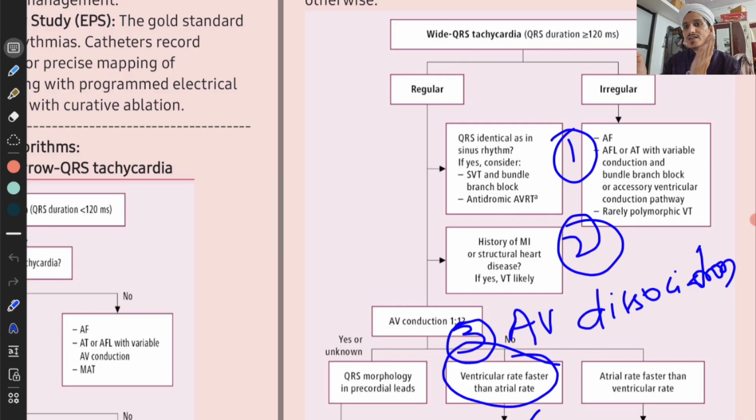What happens in AV dissociation? The atria beat at their own heart rate, and the ventricles beat at their own heart rate, with no fusion or capture beats. Then you calculate the atrial rate and ventricular rate. If the ventricular rate is faster than the atrial rate, that is VT. If the atrial rate is faster than the ventricular rate, it is atrial flutter or atrial tachycardia.